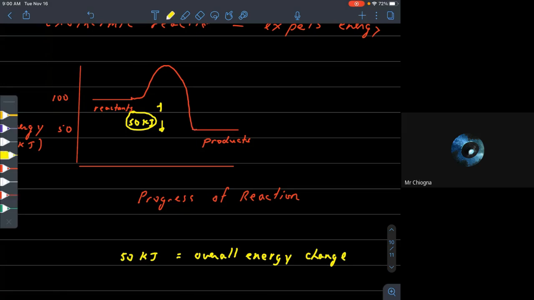Okay. So what's this here? This might be the 100 and let's say that's 130 kilojoules. So this difference here is 130 minus 100 or 30 kilojoules. That's called the energy to activate, the energy to get it started. We can shorten it and call it activation energy.